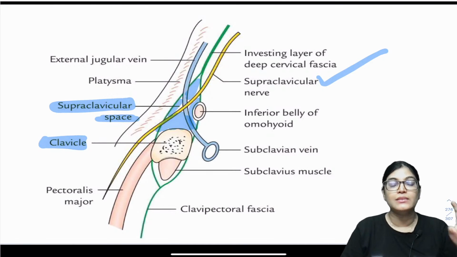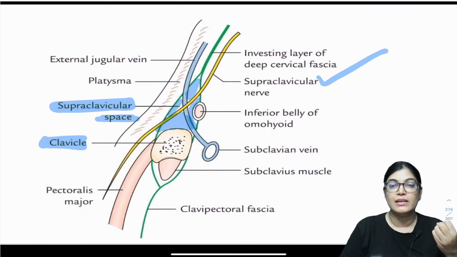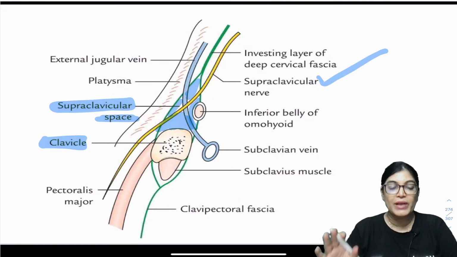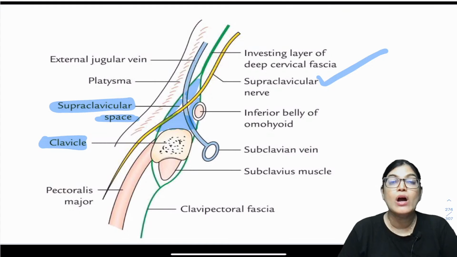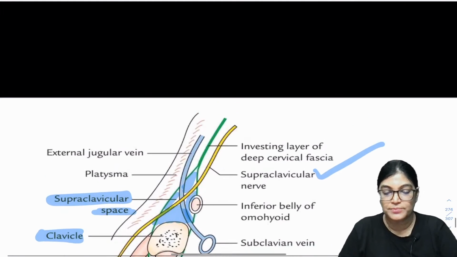When extending from the lower aspect of the hyoid bone, the investing layer of deep cervical fascia splits near the clavicle and encloses the supraclavicular space. Another space it encloses is at the suprasternal notch, the suprasternal space of Burns. So two spaces are enclosed, and it is important to know which structures lie in them. Let me tell you about that.